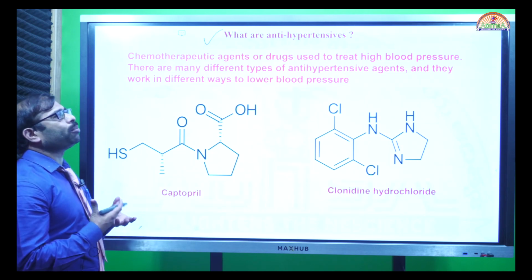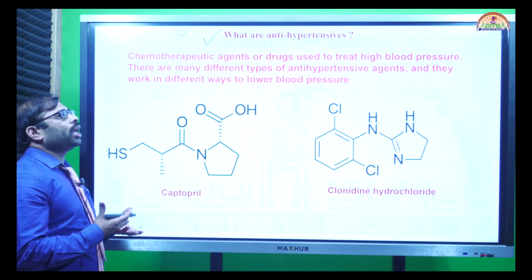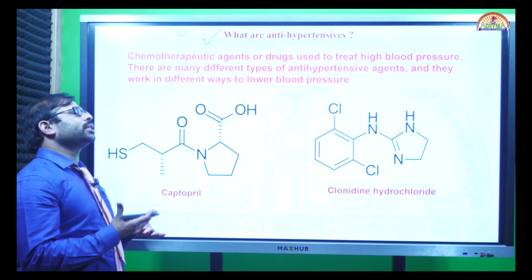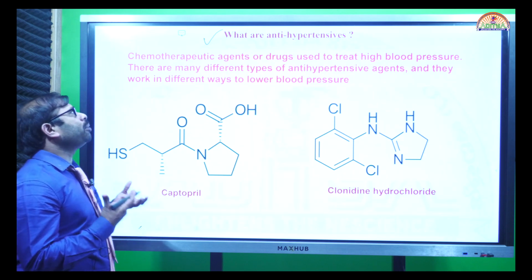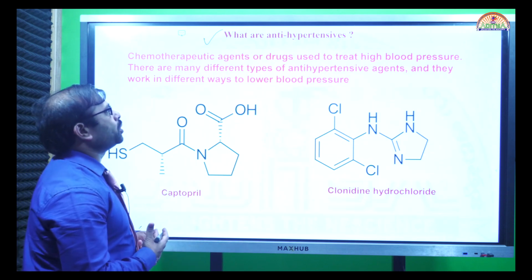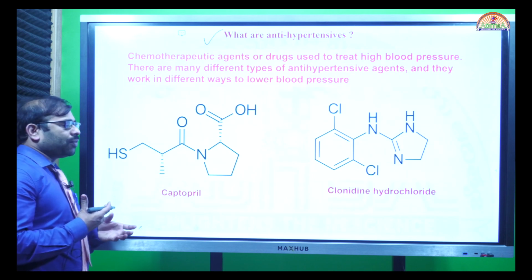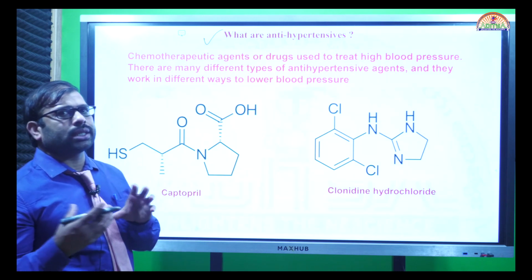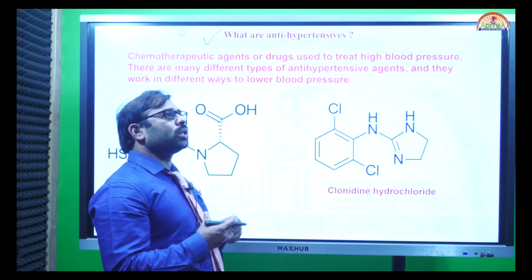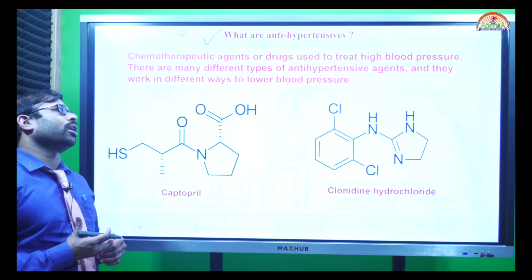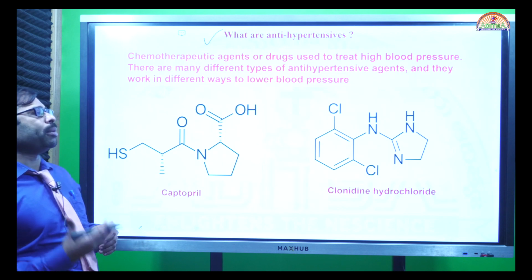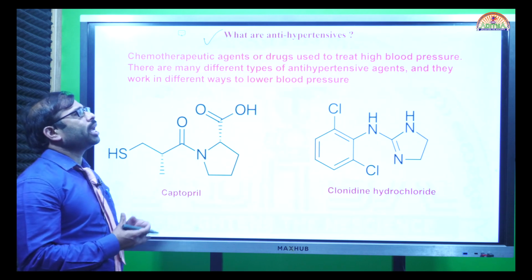Usually, in a common definition, any chemotherapeutic agents or drugs that are used to treat the condition called hypertension or high blood pressure are known as antihypertensives or antihypertensive agents.